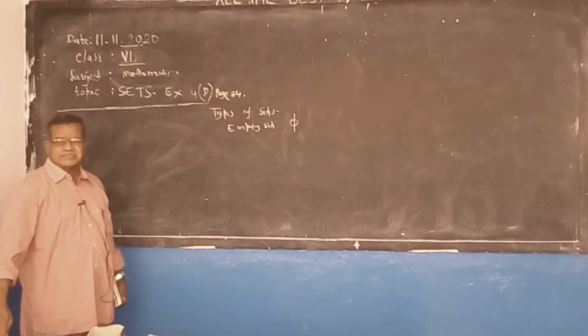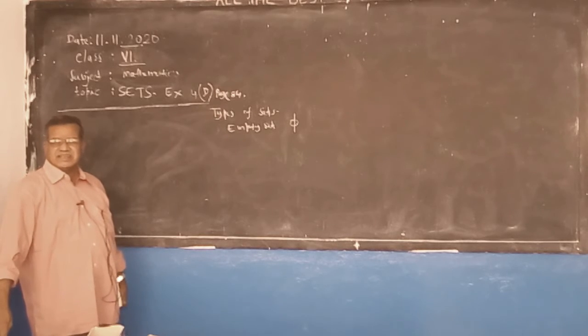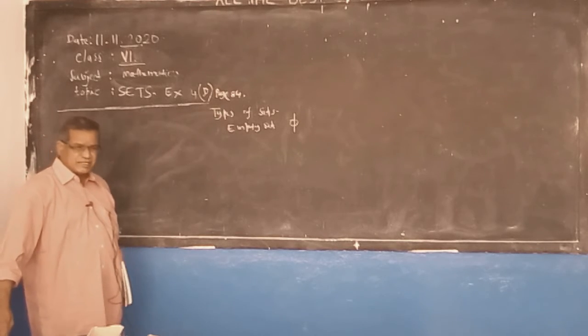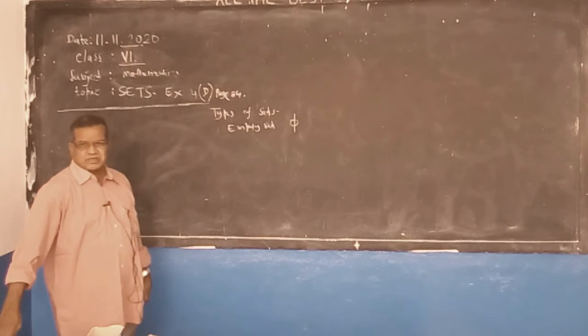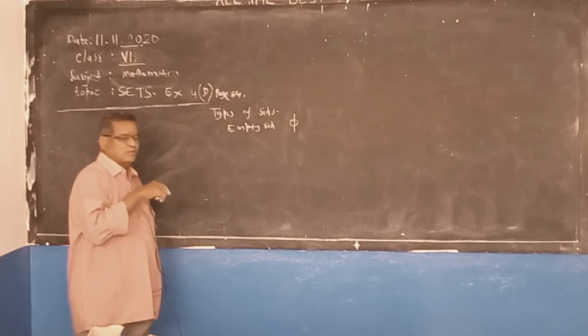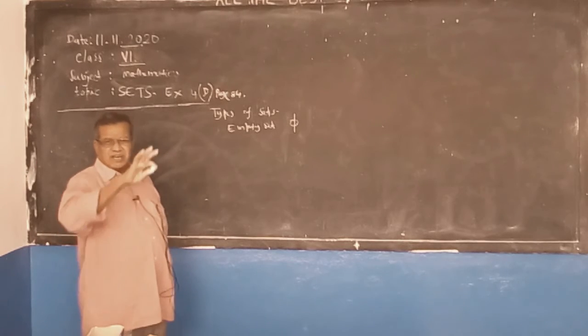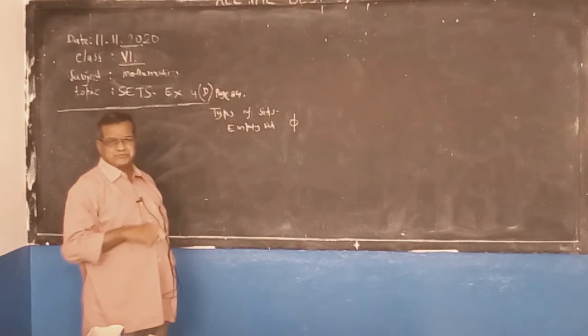Example, negative numbers in whole numbers. The elements which are less than 0 in whole numbers. Generally, in whole numbers we start from 0, 1, 2, 3, all positives only, but we won't get negative numbers.